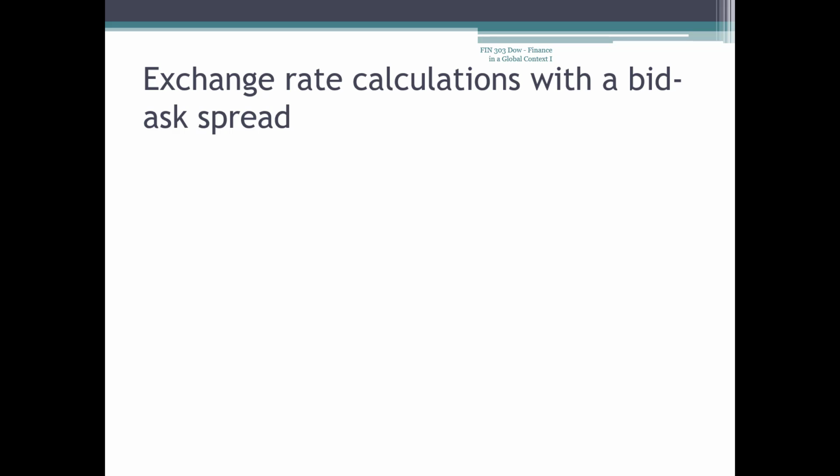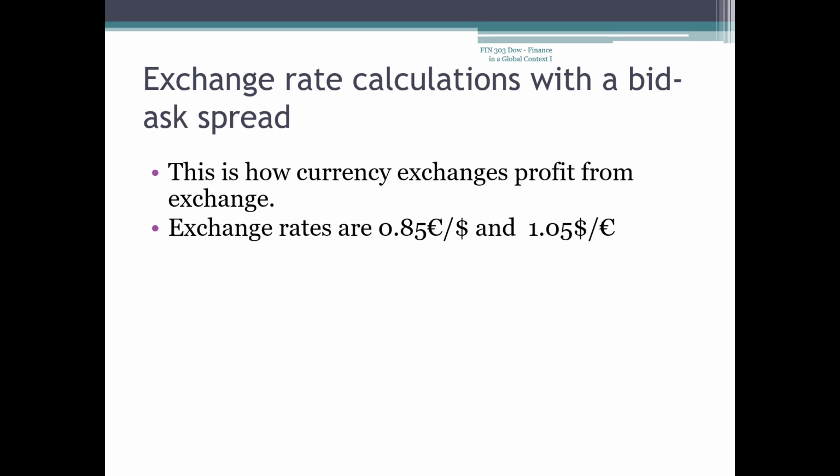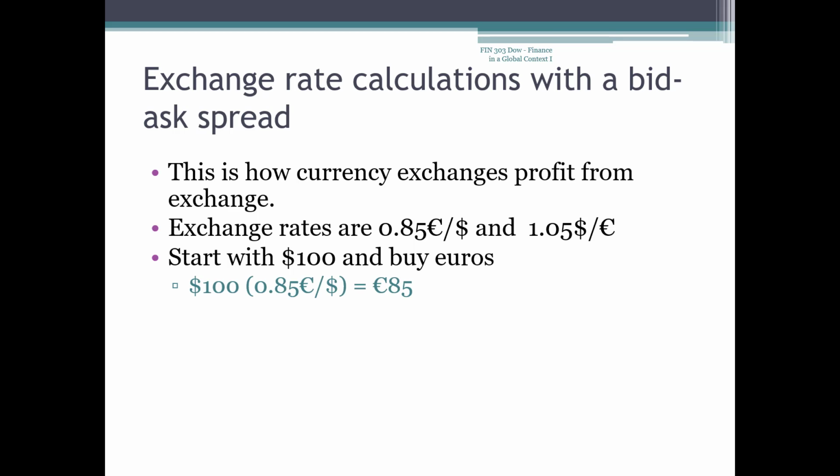Let's do some exchange rate calculations with the bid-ask spread. First, we'll see how currency exchanges profit from exchange. Like the last slide, the quoted exchange rates are 0.85 euros per dollar and $1.05 per euro. We start with $100 and buy euros. $100 multiplied by 0.85 euros per dollar equals 85 euros.